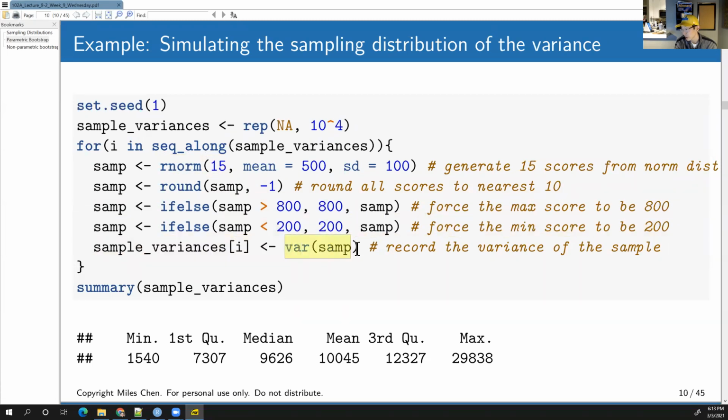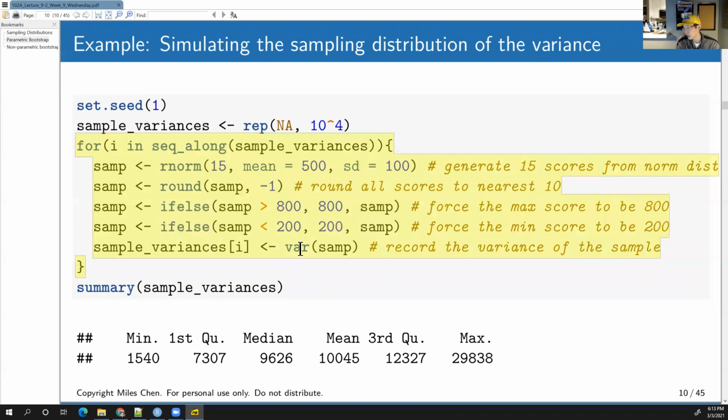And we're going to calculate the variance of whatever sample of 15 values we have, and record that variance into the vector sample variances in position i. Okay. So this loop runs and we're going to get 10,000 samples of 15.